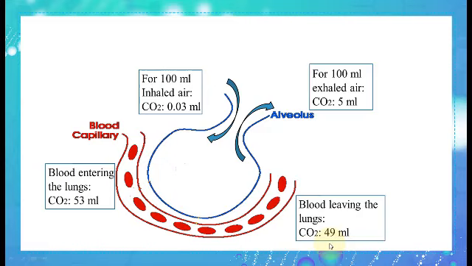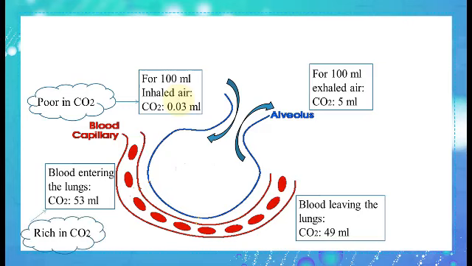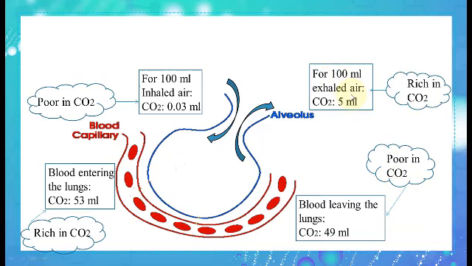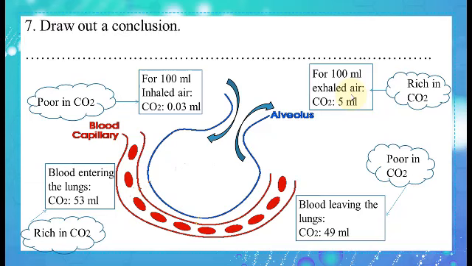We know that the medium of the inhaled air is poor in carbon dioxide gas, while the medium of the blood entering the lungs is rich in carbon dioxide. Then, a specific amount of carbon dioxide will diffuse or pass from the blood to the alveolus, so that the blood will leave the lungs poor in carbon dioxide while the exhaled air will be rich in carbon dioxide gas. Now answer number 7.